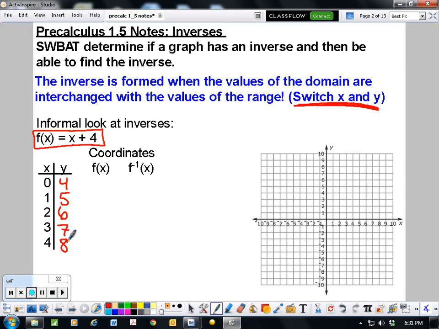Now what ends up happening for our function is I have these coordinates 0, 4 and 1, 5, and then 2, 6 and 3, 7 and 4, 8. And when I graph it, it's going to look like this. So I'm starting at 4, going up 1 over 1.